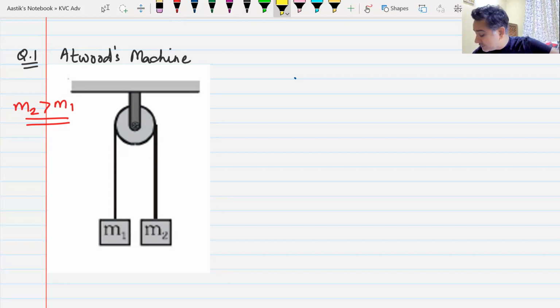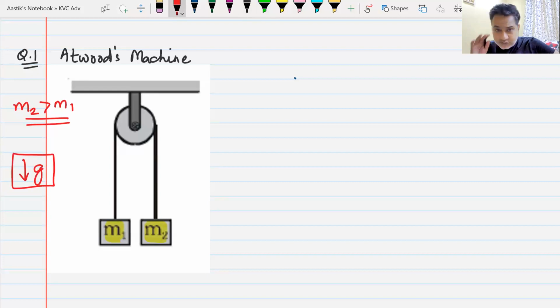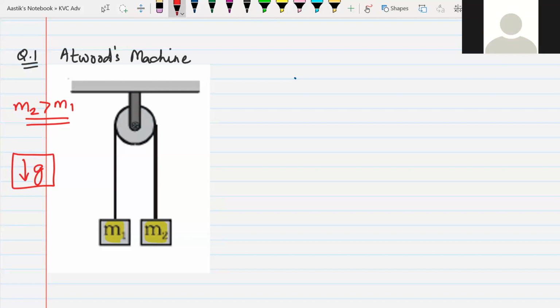See, the known things are M1 and M2, and the acceleration is downwards, acceleration due to gravity. These are the only things that are known to you, so your answer should come in terms of these things. I'll give you 1 more minute because I want you to do it on your own.